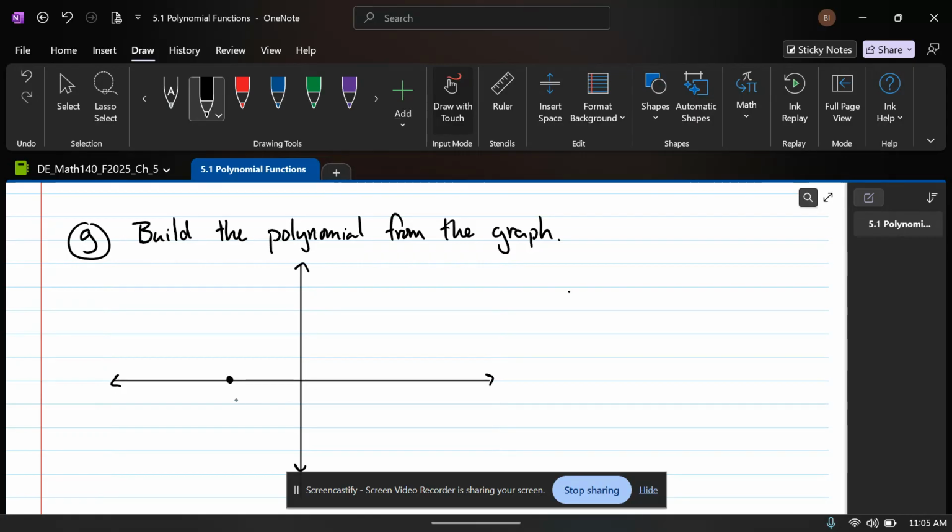That point we're going to call -5, 0. What do I have to call that? 0, 0. I'm going to call that 7, 0. And then I'm going to pick another point here.